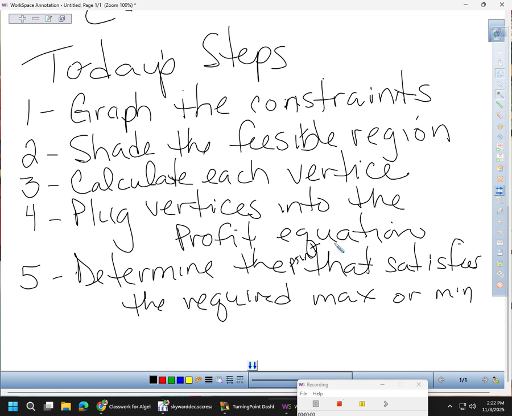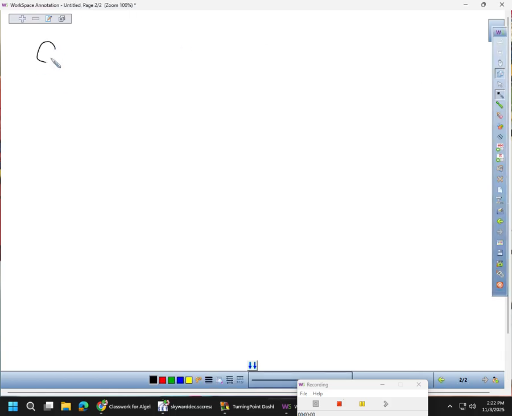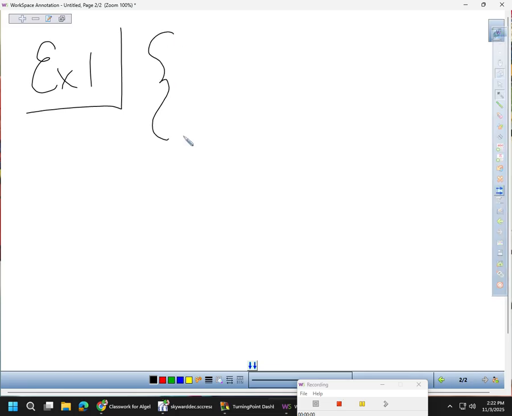Here we go with example number 1. This is how it's going to look when you turn to 10 through 12 all today. You're going to be given a system of equations, the constraints, and maybe I have 4x plus 2y is less than or equal to 16.